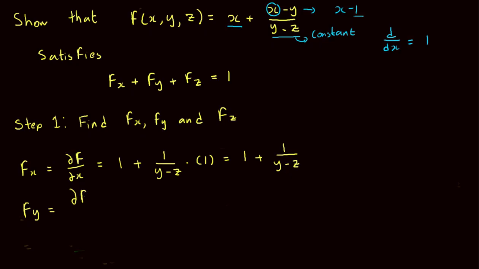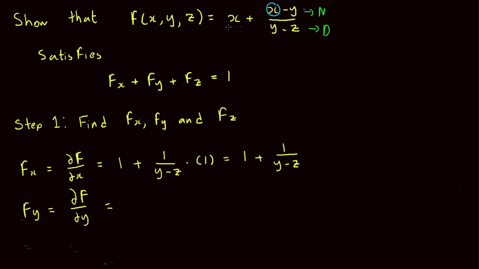Now, when it comes to fy, it's simply del f over del y. We have y in two terms. Let me erase this to make it clear. We have y in the numerator, and we also have y in the denominator.